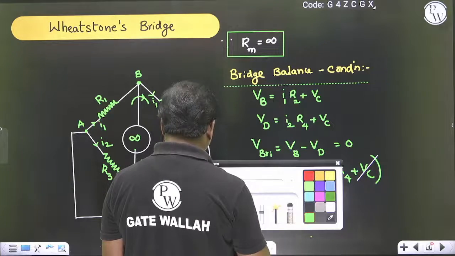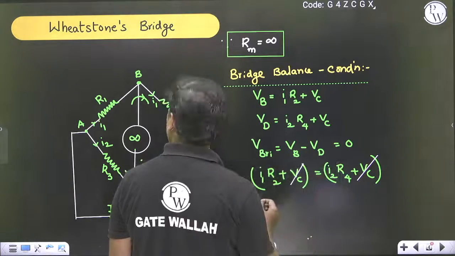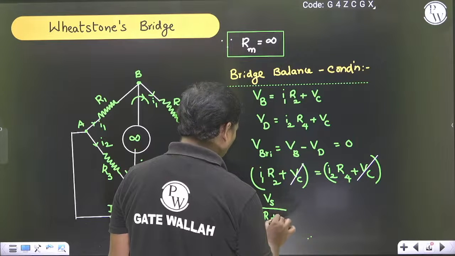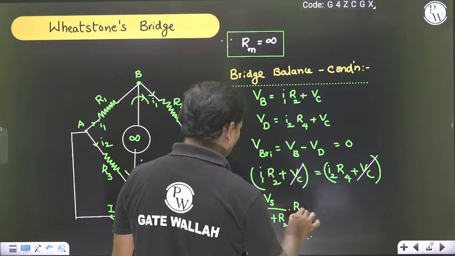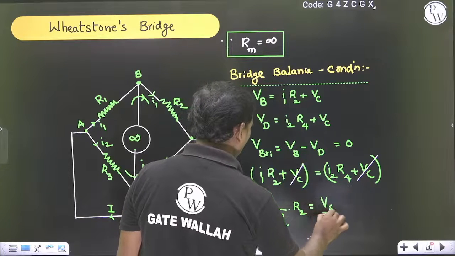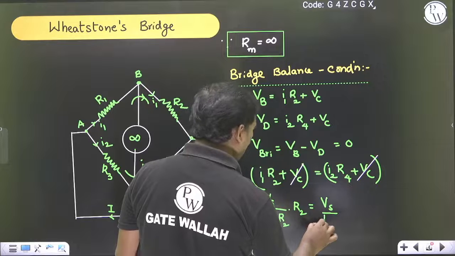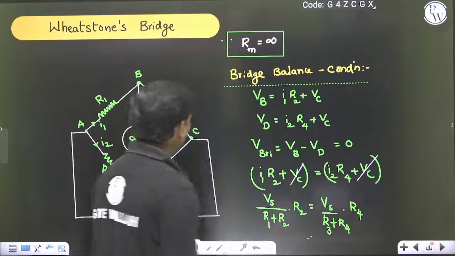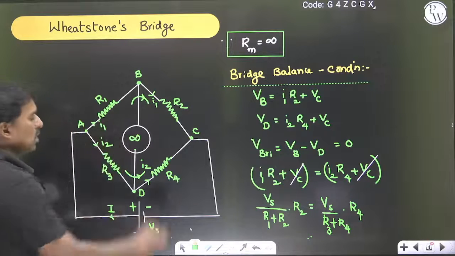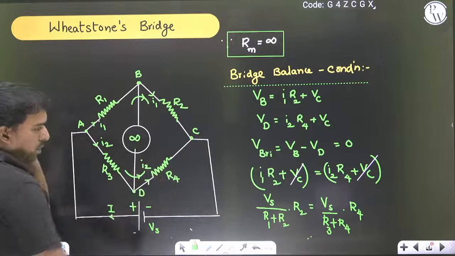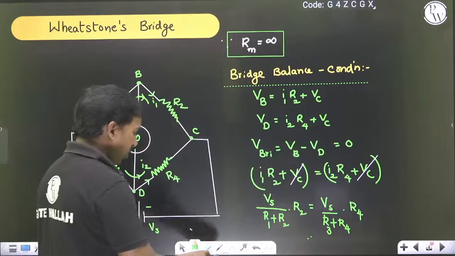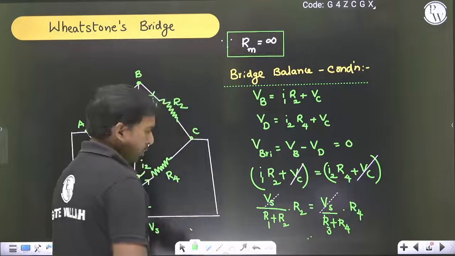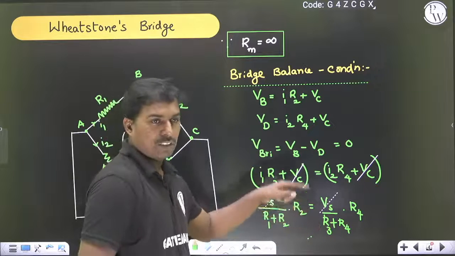I1 I can write as Vs by (R1 plus R2) into R2, divided by Vs by (R3 plus R4) into R4, because I1 is a series current passing through these resistors, I2 is a series current passing through these resistors. Now Vs gets cancelled.